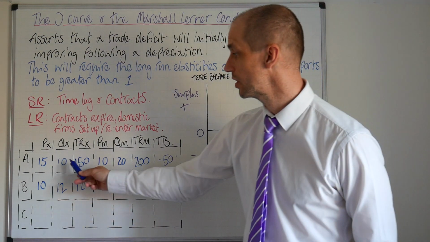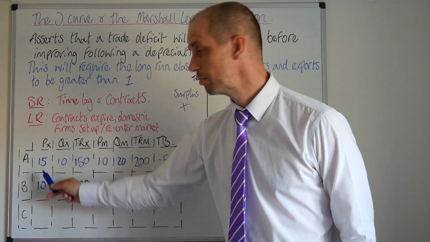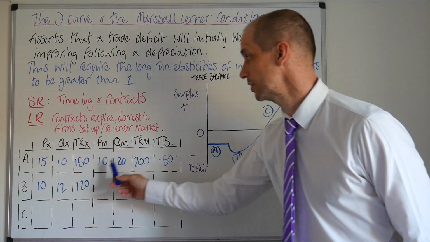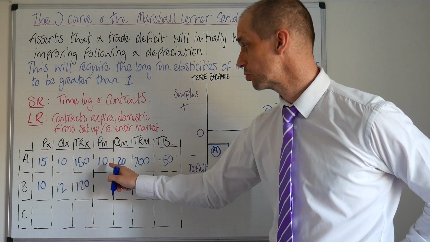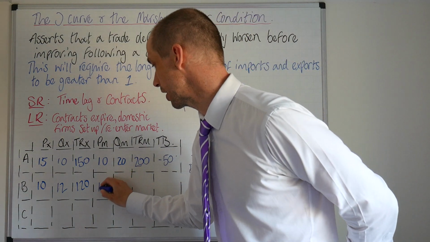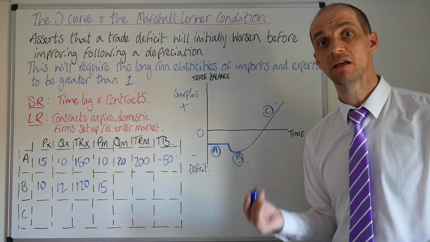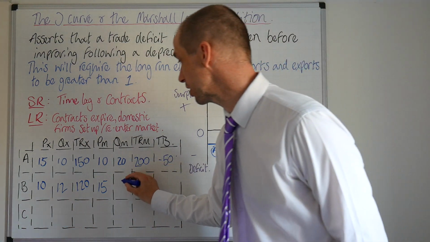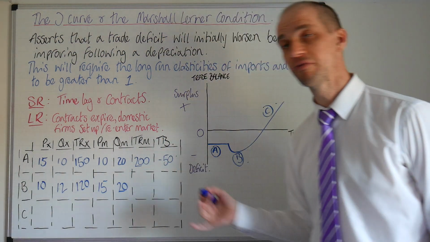So we can see that there's been a small increase in the quantity demanded, but there's been a big fall in the price in the international markets. Meanwhile, the price of imports, where it was 10, now what we might see in this circumstance is that we are now having to pay 15, but we are still importing perhaps 20 units of that good.